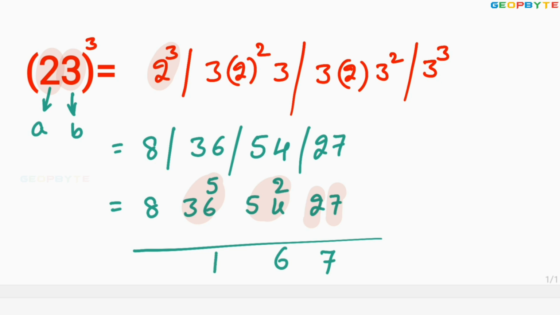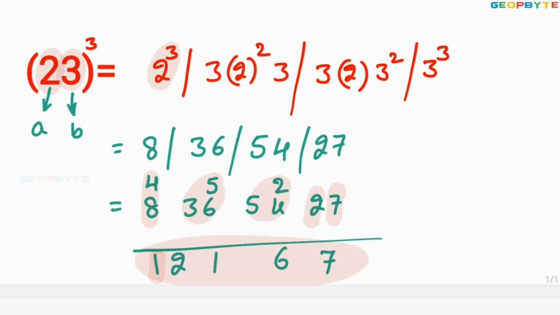From the 41 write 1 here, 4 carry forward. Finally 8 plus 4 is how much? 12. So 12,167 is the value of 23 whole cube. See how simply you are getting the answer.